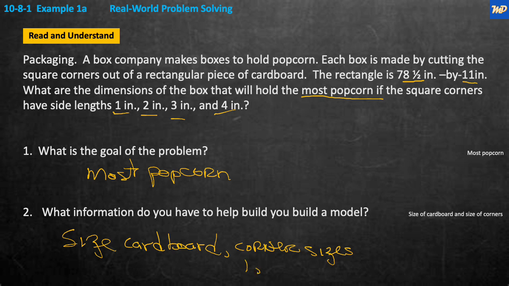That's the start, what they're looking for and what they've given us. Reading and understanding the problem.